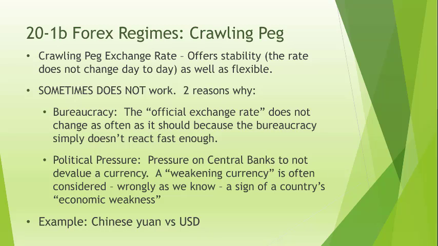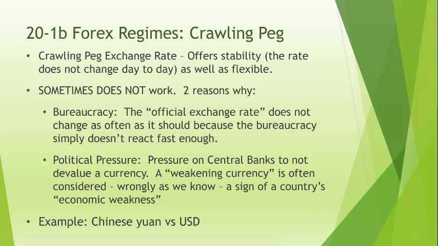And then political pressure. There's often pressure on central banks to not devalue a currency. By devaluing a currency, in other words, moving the peg down so that the currency is worth less against other currencies, it's often seen as a negative sign for the country concerned, so the politicians tend not to like it.